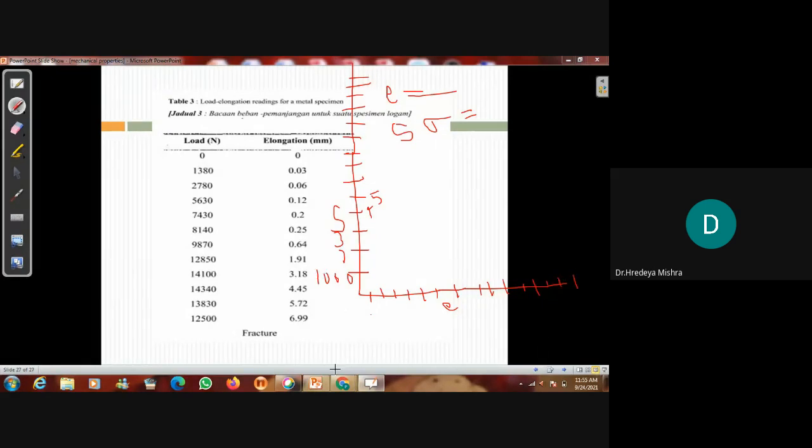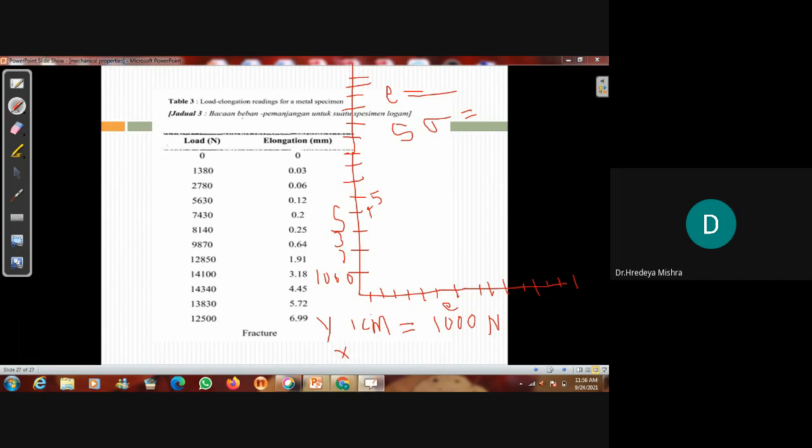Like that. In the y-axis, 1 centimeter, like you can measure 1 centimeter equal to 1000 Newton. You can note down the scale, what scale you choose.